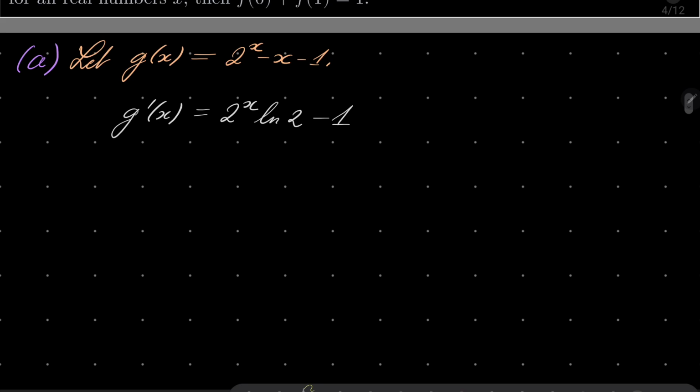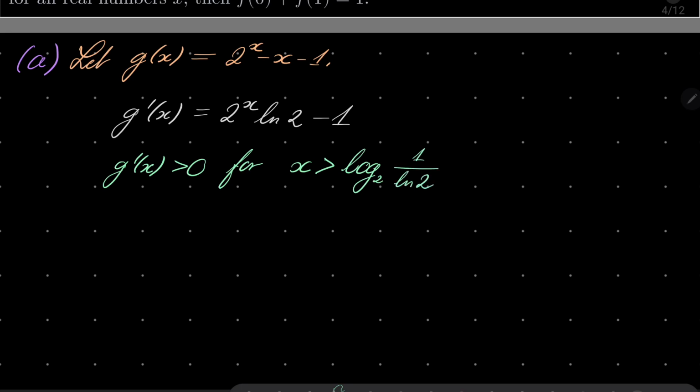And now it's pretty easy to see that g prime of x is greater than 0 for x greater than binary logarithm of 1 over natural log of 2. And moreover, g prime of x is less than or equal to 0 for x's which are less than this number. You can easily show that this is the case.